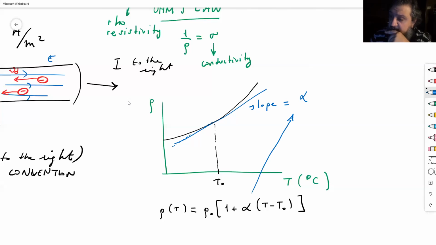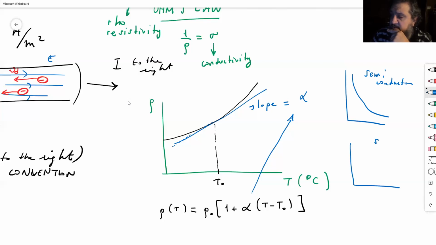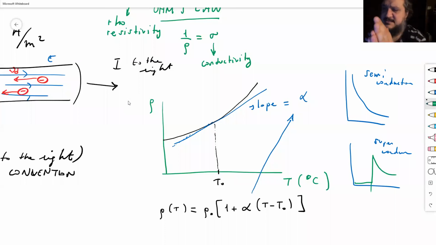So you would have a semiconductor, or you would have a superconductor. It would be 0 here, below some critical temperature. All right, so that's the temperature dependence of the resistivity in a nutshell.